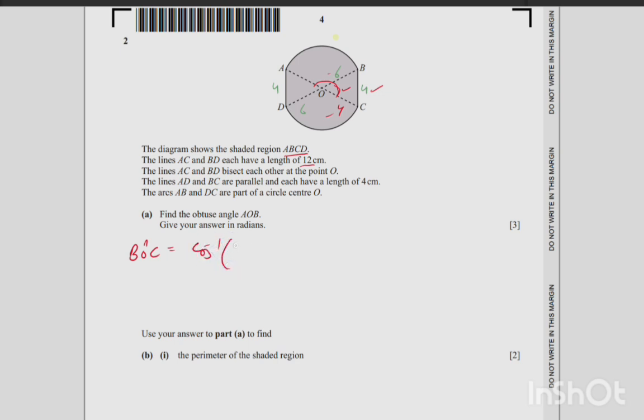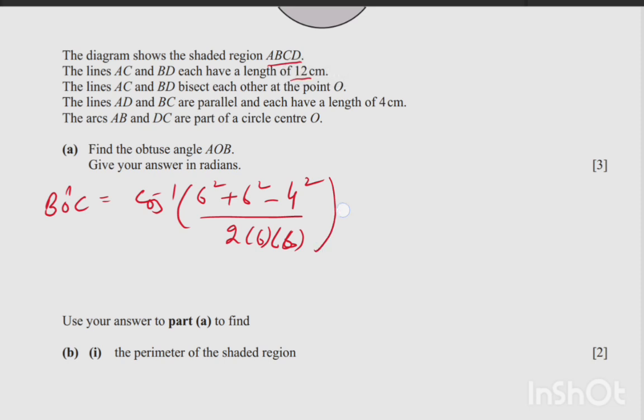Cosine of BOC is 6 squared plus 6 squared minus 4 squared, because this side will be minus, divided by 2 times 6 times 6.